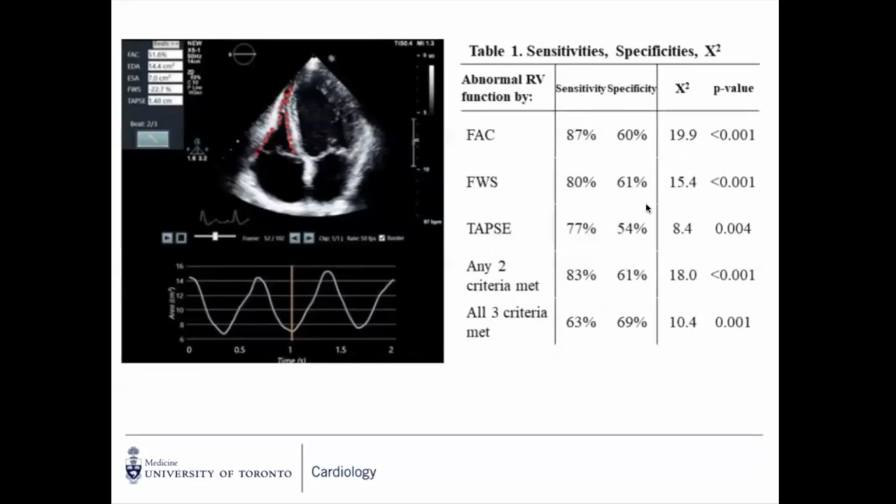You can see the chi-squared p-values here compared to cardiac MRI, and it correlates roughly well with cardiac MRI. Sensitivities are reasonable. Obviously, it's not very specific, but I'd like to point out that the technologies are ongoing. These are things that we'll see in the next 10 to 20 years, as AI can enhance and improve our ability to get adequate quantitative measures of RV systolic function.